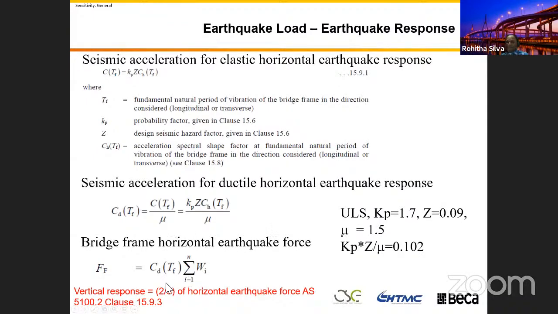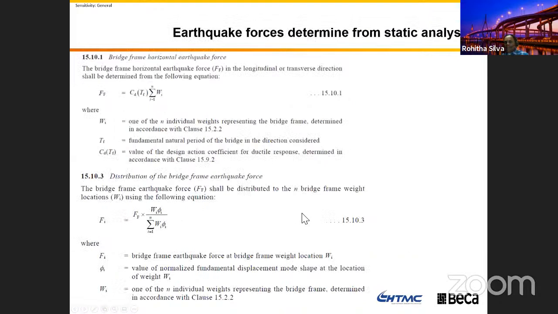For the vertical response, the code says to use 2/3 of the horizontal value. So use the same one, but 2/3 of that value. It could be different in other countries, but the Australian standards say use 2/3.